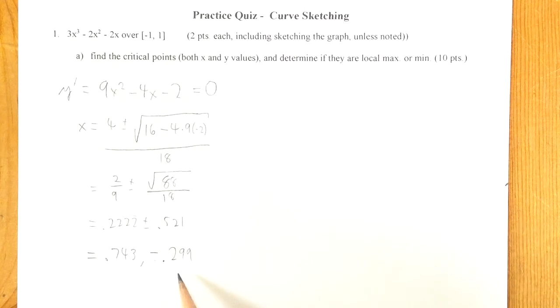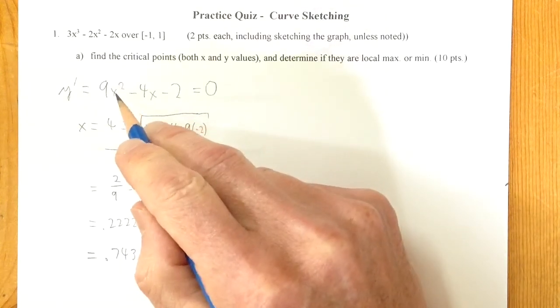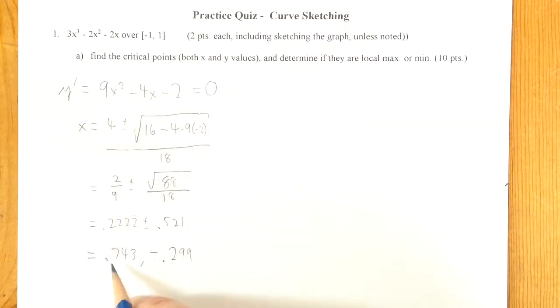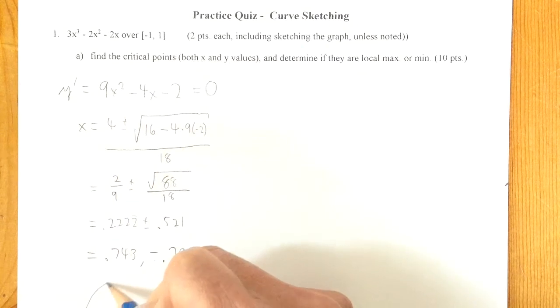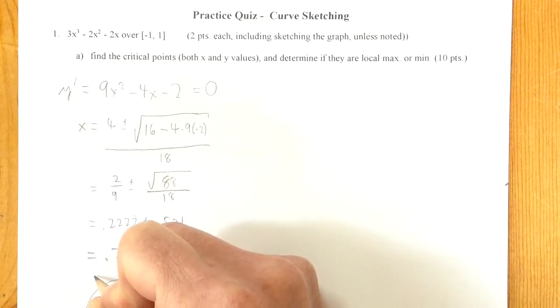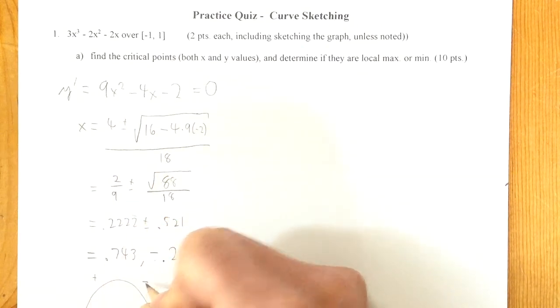Now, are they maximum or minimum? The way you figure that out is we can plug values into our derivative and figure out if, slightly before 0.743, the derivative is positive or negative, right? Because if it's a maximum, it's going up like this, so the slope goes from positive to negative.